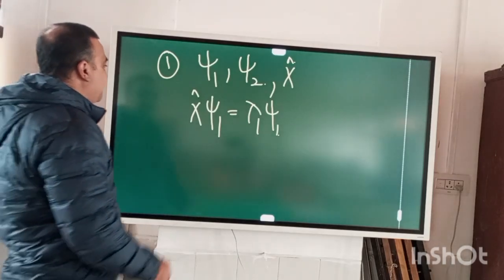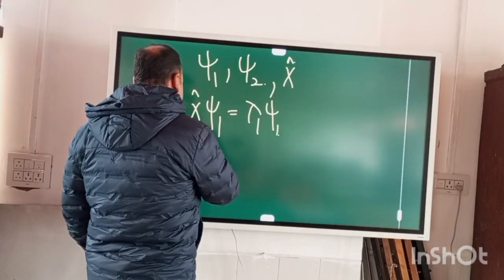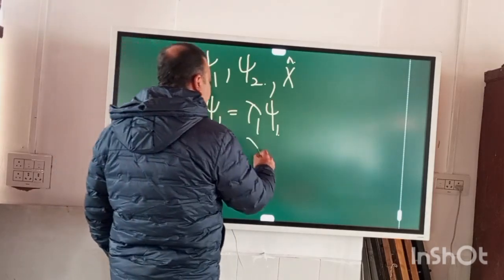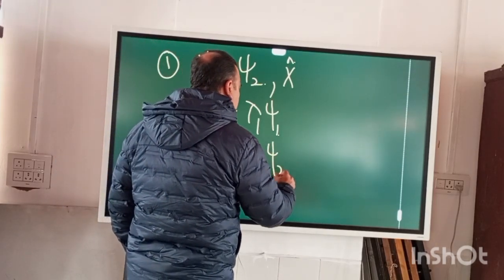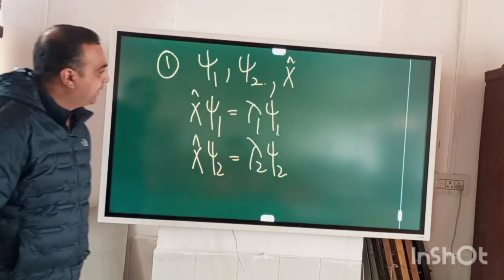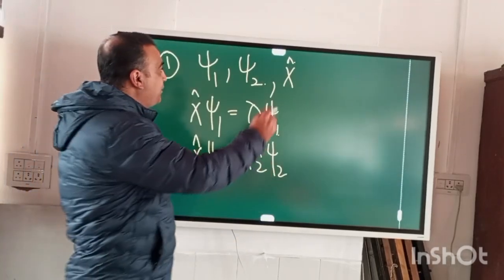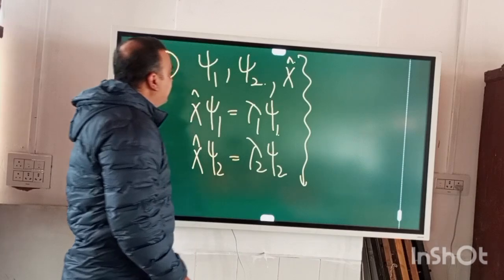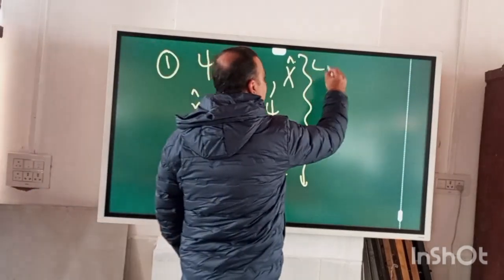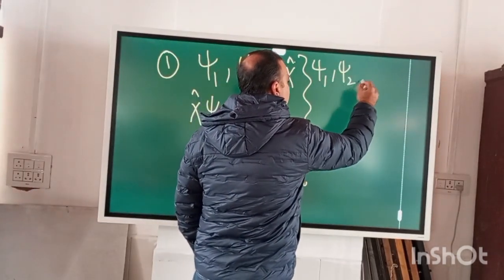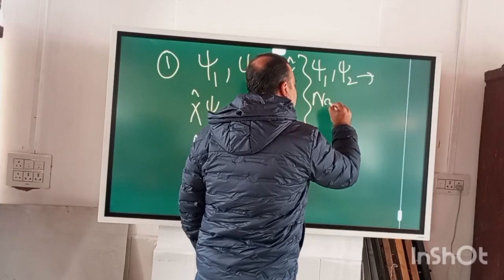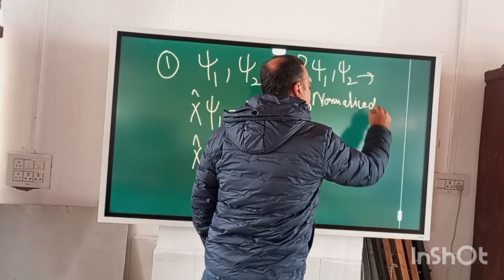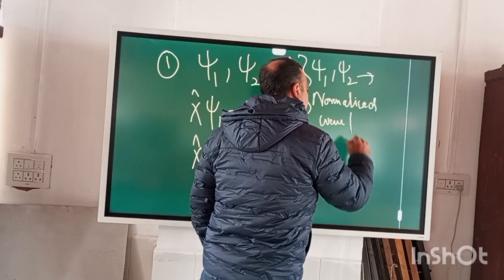And if I operate the same operator on psi2, I obtain lambda 2 psi2. What is presumed here is that the wave functions psi1 and psi2 are normalized wave functions.